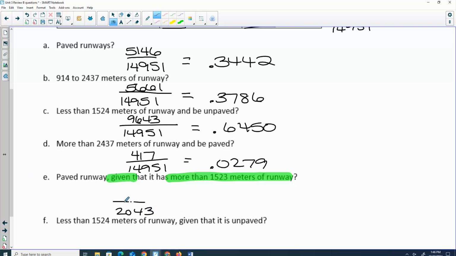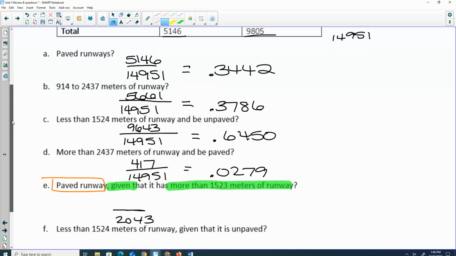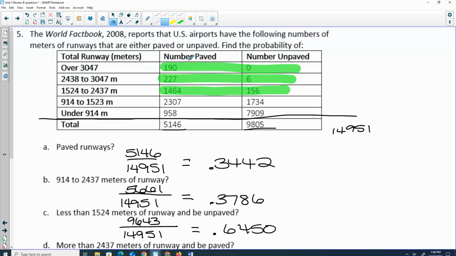Of those, we want the ones that are paved. So I'm only looking at those 6 highlighted numbers so far, but I want the paved. So there's 3 numbers I have to add up.